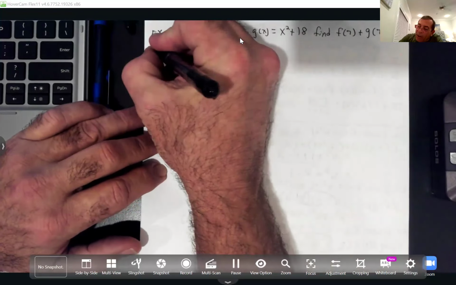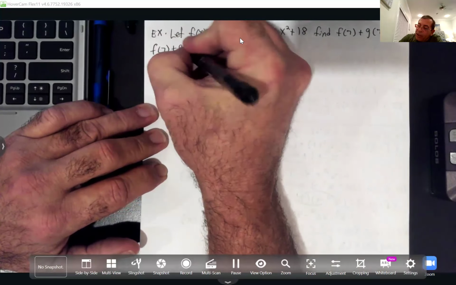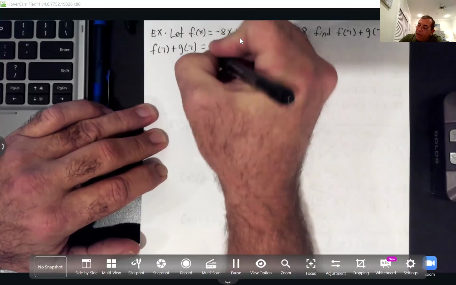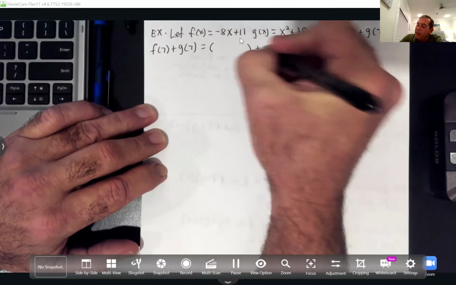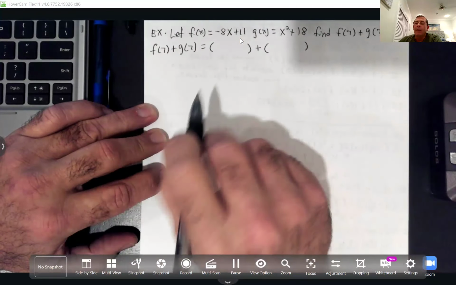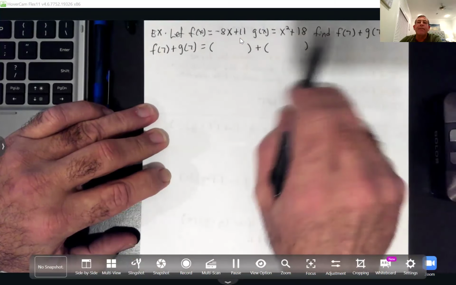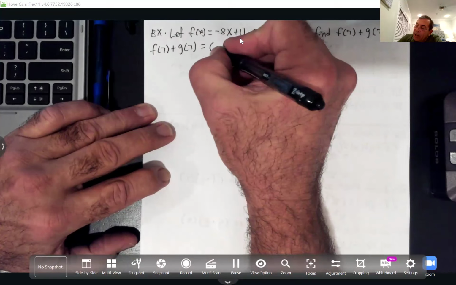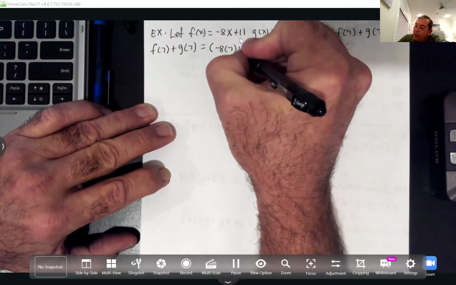So we're going to come over here. F of 7 plus g of 7 will equal our f equation plus our g equation. Now, when I put in my f, remember I got to put in a 7 for that x. So that'll give me negative 8 times 7 plus 11.